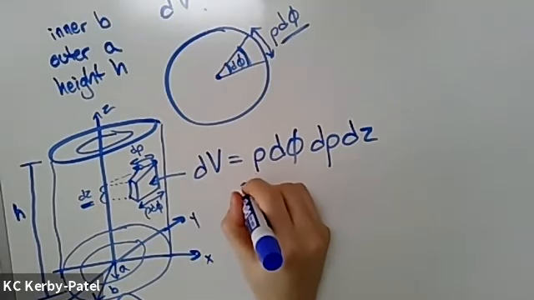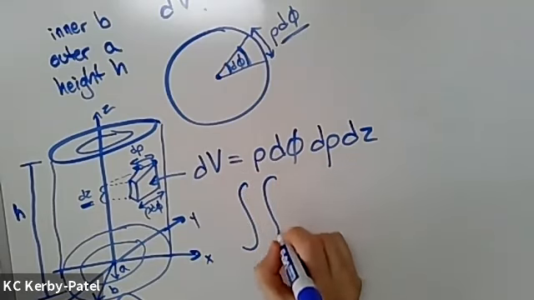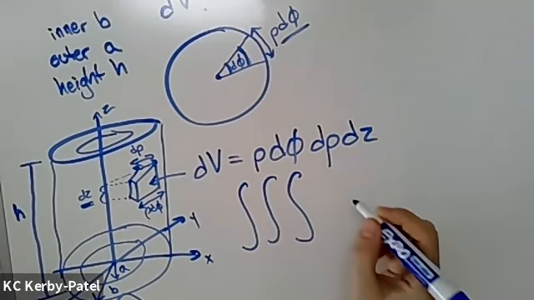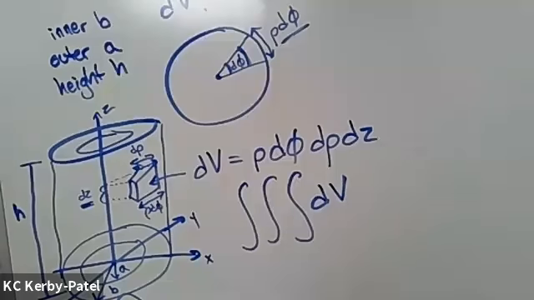We do an integral. It's going to be a triple integral of our differential volume element. How big is the differential volume element? It actually varies over the structure of our cylindrical shell. Let's talk about the bounds first.